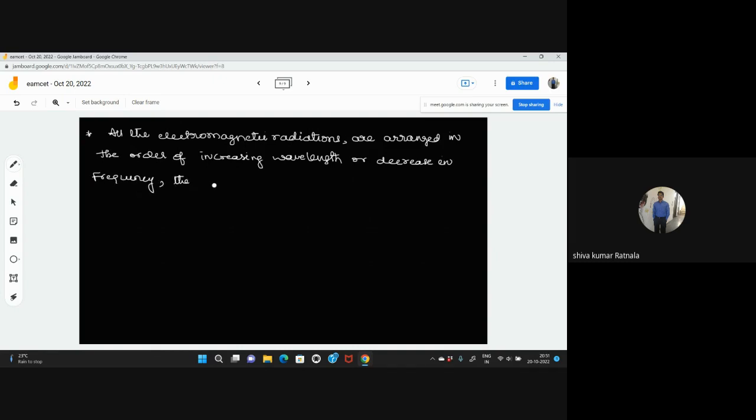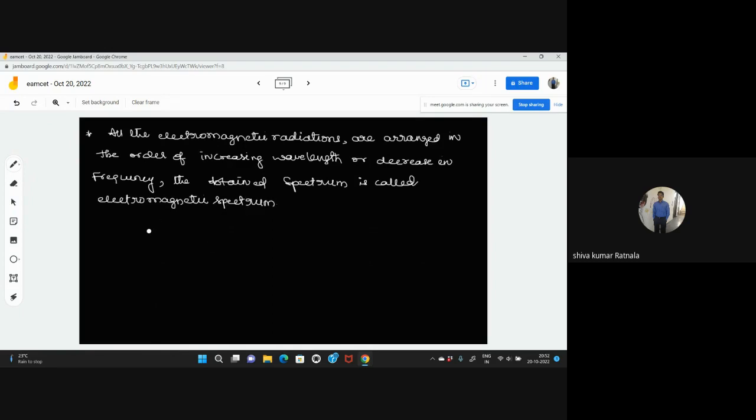The obtained spectrum is called the electromagnetic spectrum.